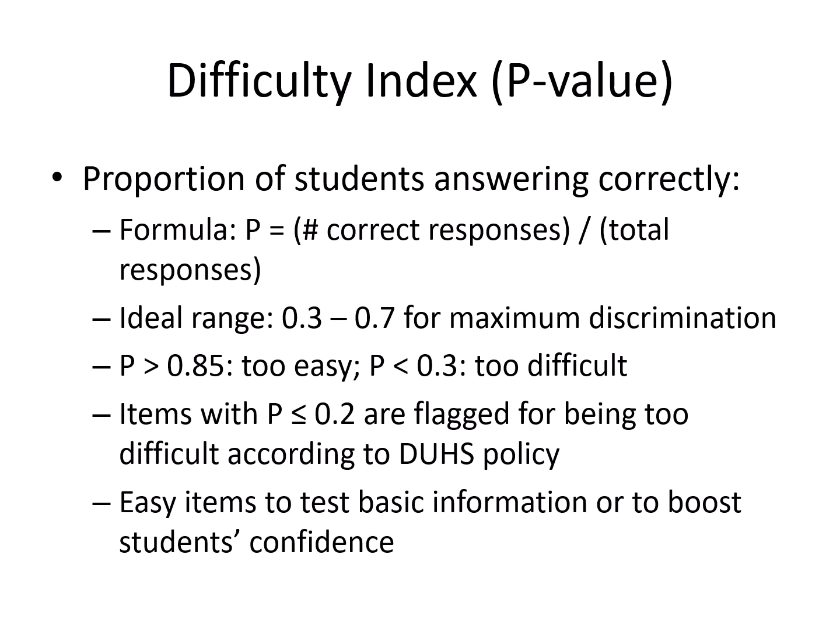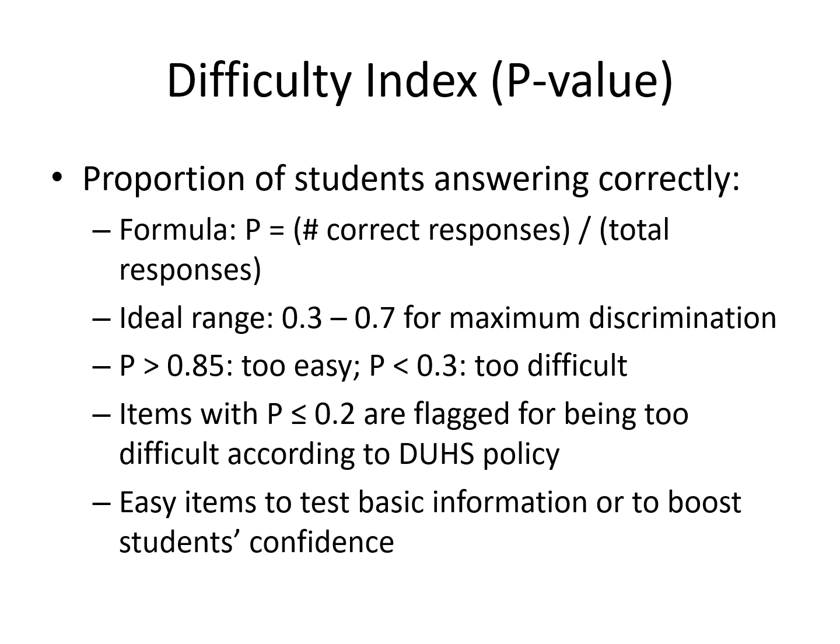As per institutional policies, for instance, the ideal range for maximum discrimination in the University of Washington is 0.5, while in Dow University of Health Sciences, items with a p-value of less than 0.2 are flagged for being too difficult. A p-value less than 0.2 means that only 20% of the students are able to attempt it correctly.